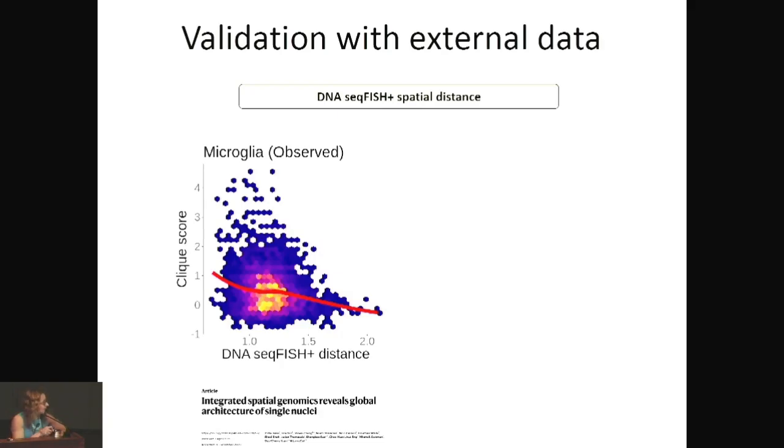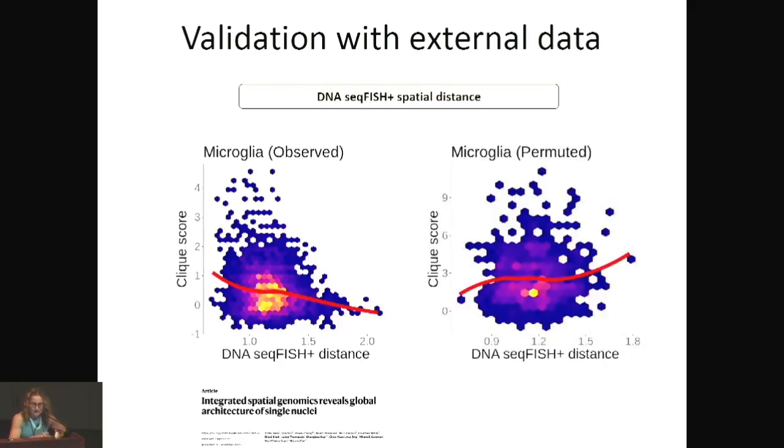So that means that high MinC score should correspond to low spatial distance, and that happens to be the case, although the signal is not very strong. So in order to make sure that this wasn't an artifact, we did a lot of permutations, and if you permute, you never end up seeing this kind of decreasing trend, which indicates that what we are seeing here, although it seems like low signal, is actually real and supporting the multi-way interactions.